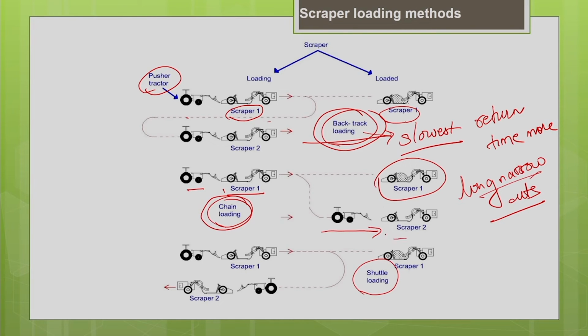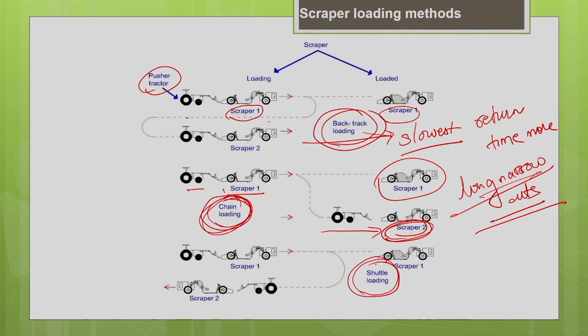But here, scraper 2 will come and wait near the pusher. Your pusher need not backtrack again and spot the next scraper. Since the returning time is reduced, the chain loading cycle time will be less.